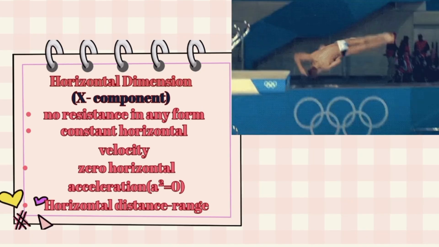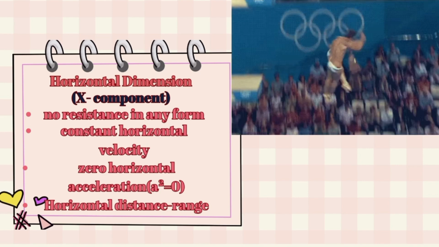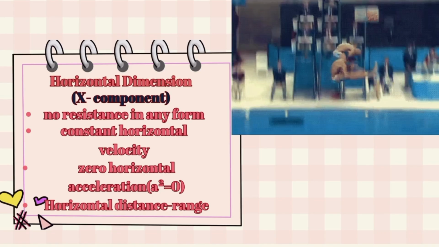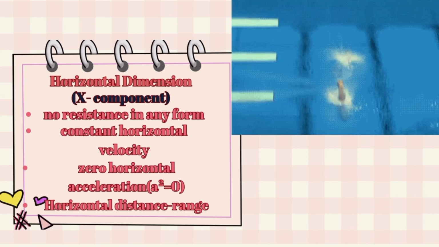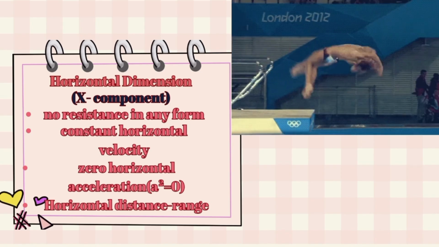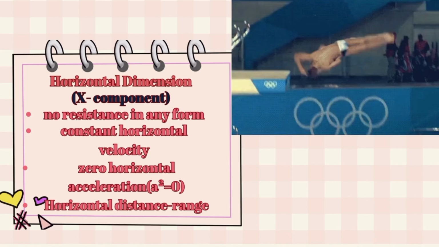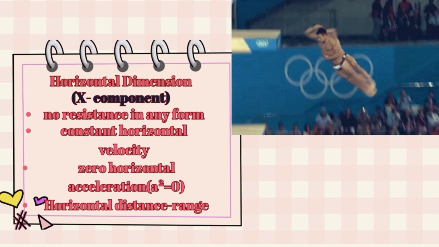Let us have some sample real-life situations. Are you familiar with this kind of sport? When the diver jumps from the platform, he has an initial horizontal velocity that remains constant throughout the motion. This is because there is no force acting on the diver in the horizontal direction, and therefore no acceleration.